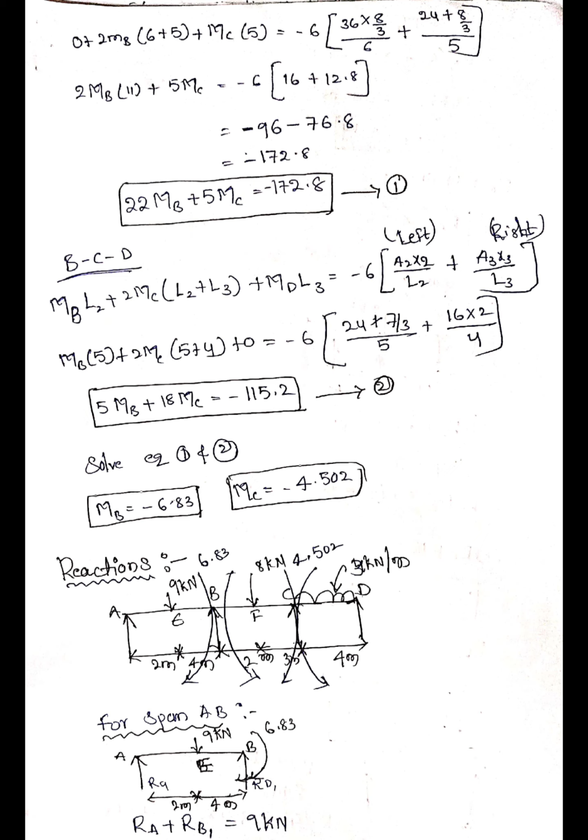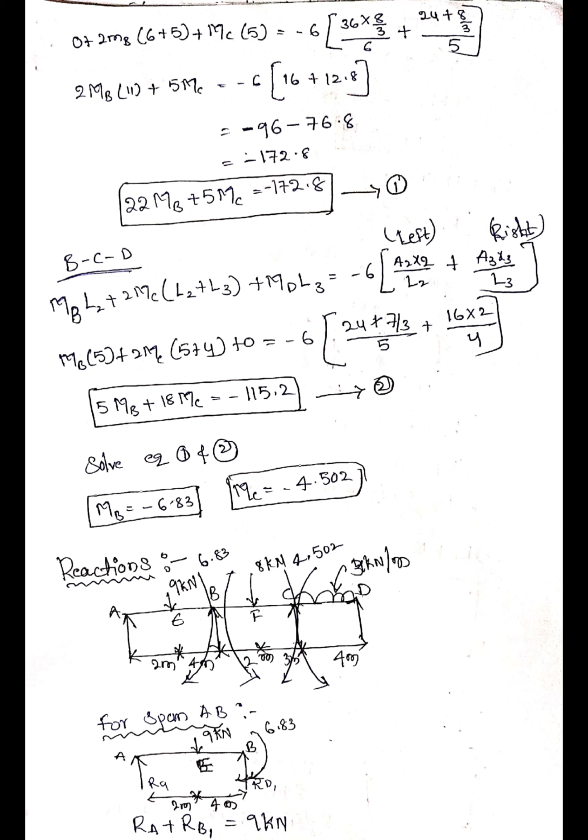Next, for BCD, let us apply the three moment theorem. So MB L2 plus 2 MC (L2 plus L3) plus MD L3 equal to minus 6 into (A2 X2 left by L2 plus A3 X3 right by L3). MD equal to 0, we know. In place of A2 X2 left, substitute 24 into 7 by 3.